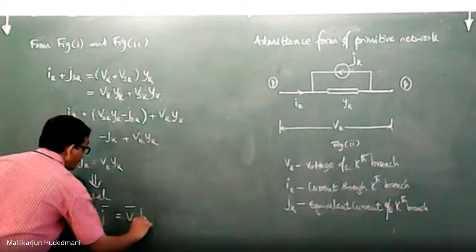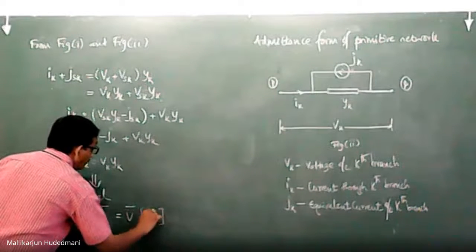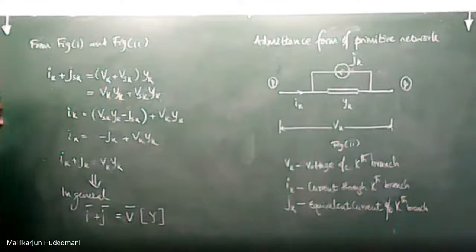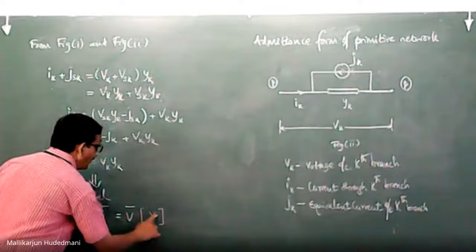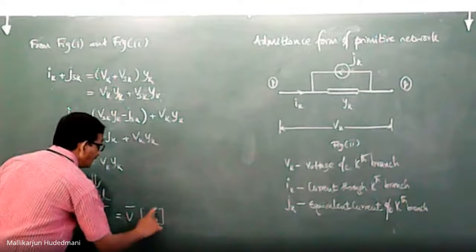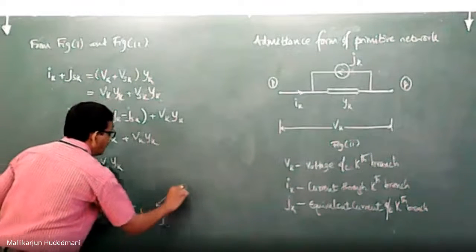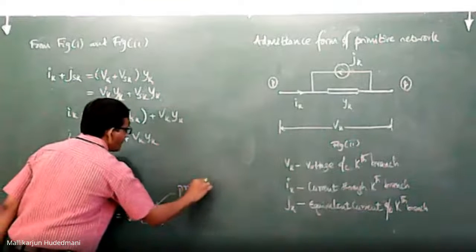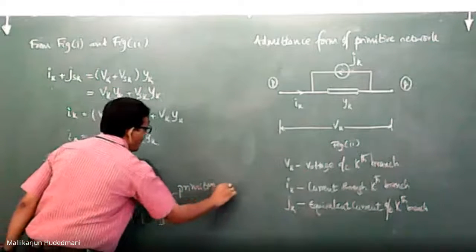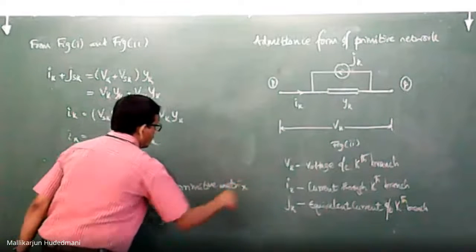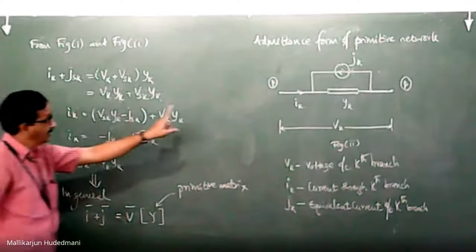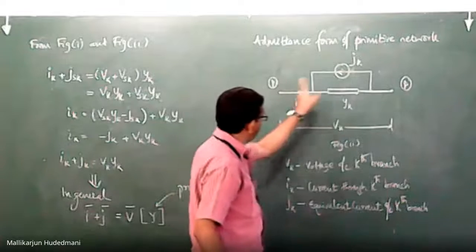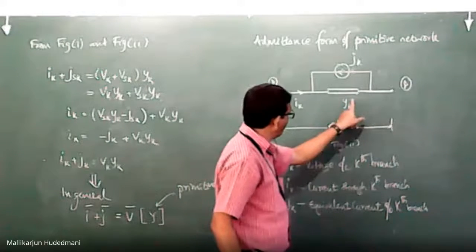This becomes the primitive elemental admittance matrix, the primitive matrix. When I have only one K branch, there is only YK between P and K.